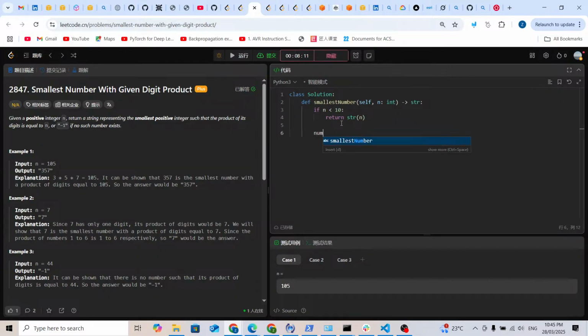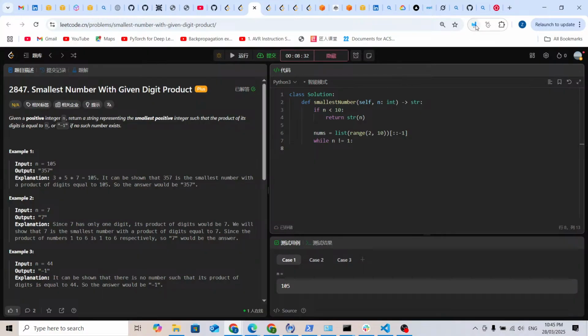Now we're going to prepare a nums list. I'm going to use a list of the range from 2 to 10. This means 2 to 9, but I need to reverse it because I want to check the biggest number first. Now I want to check this number n while n is not equal to 1. Why do I set it to 1?